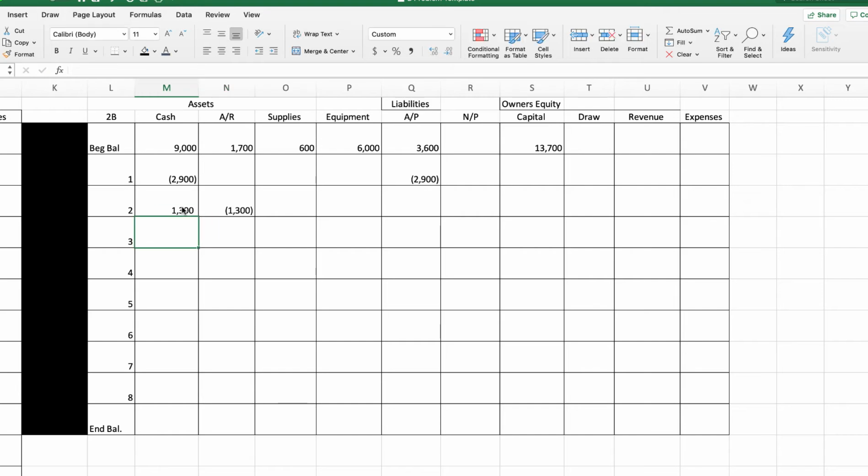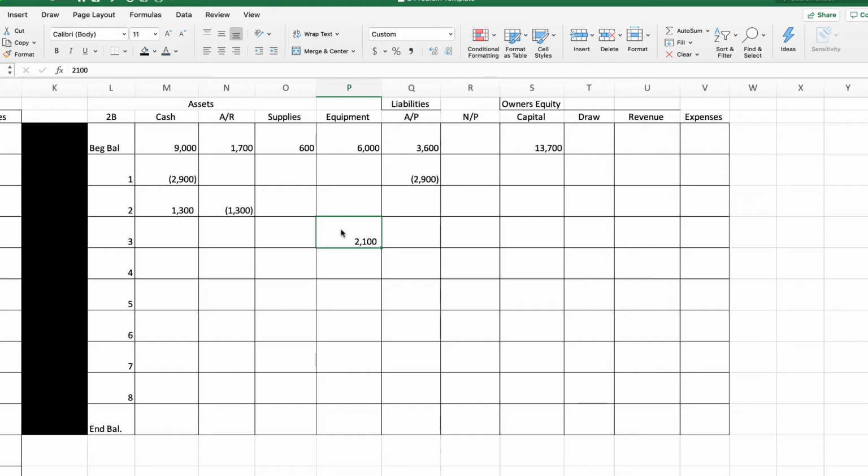Now let's look at number three. Purchased additional equipment for $2,100, paying $800 in cash, and the balance on account. Again, we don't need to get creative and start picking accounts, because the problem tells us what we need to do. We purchased equipment for $2,100, so equipment is going up by $2,100. How did we pay for it?